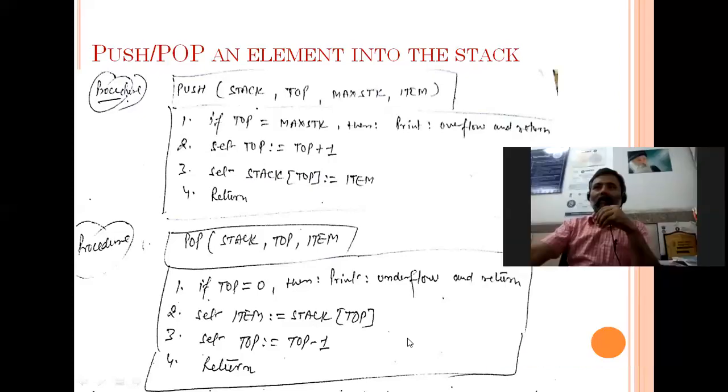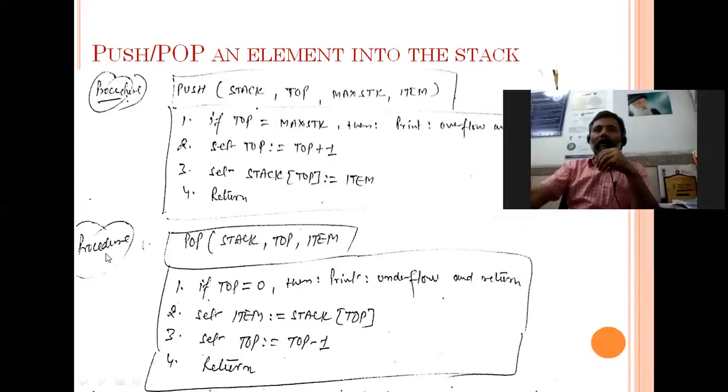Now in a stack, if we want to remove an item, that is, we are trying to apply the pop operation, we will simply check if top is equal to 0. If top is equal to 0, then it is underflow and return. That means there is no item, so it will simply return.